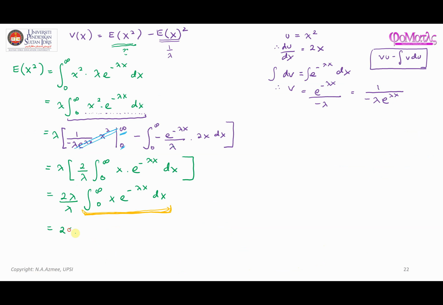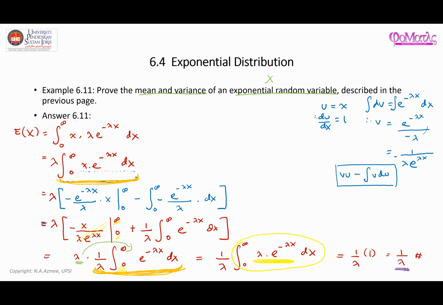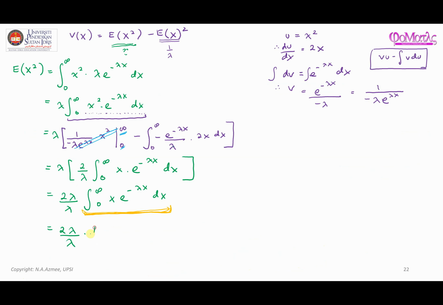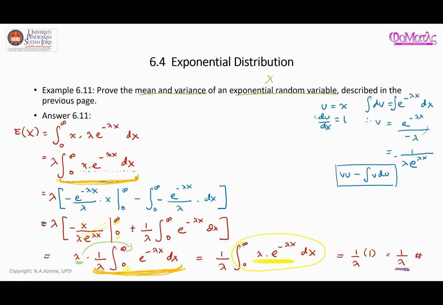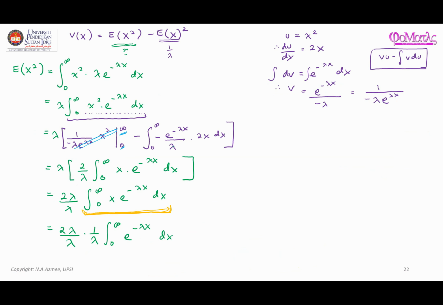So I'm going to write down the results, 2 over lambda, and the result here is this one. Okay, so we have 1 over lambda times 1 over lambda, integral from 0 to infinity of e negative lambda x dx. So that's the result. Right.